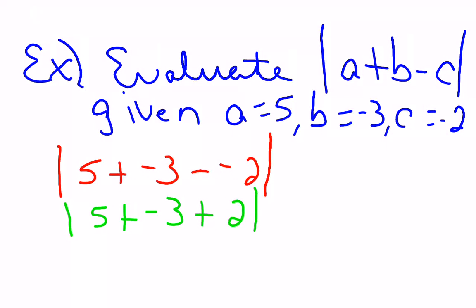And because we have addition in here, we're just going to go left to right. So 5 plus a negative 3 is the same as 5 minus 3. So that gives us 2. And now we have 2 plus 2 gives us 4. And now we can take the absolute value. The absolute value of 4 is 4.